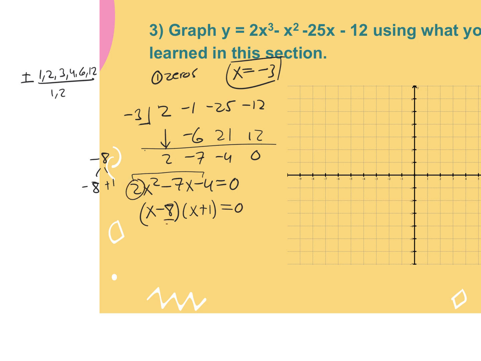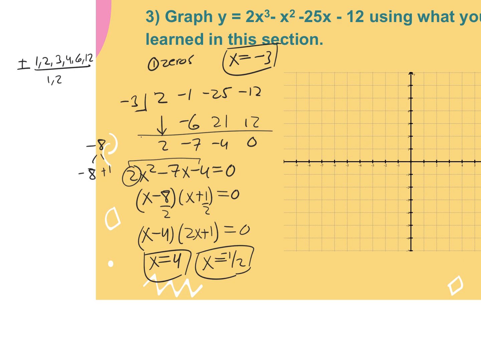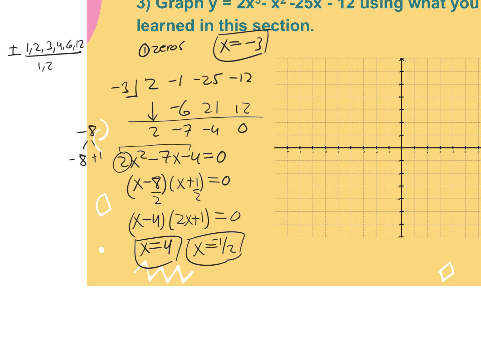I want to divide by 2, so then I get x minus 4 and 2x plus 1 equals 0. So we get x equals 4 and x equals -1/2. And all of these have a multiplicity of 1.